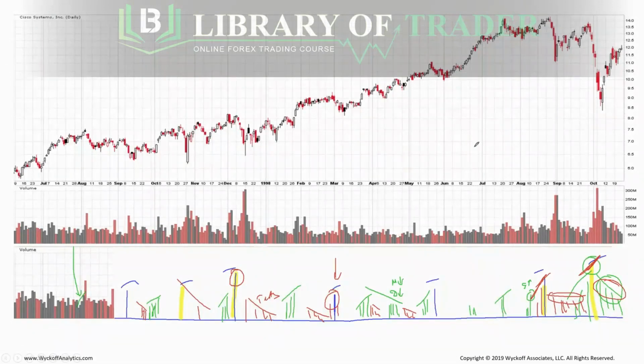So the key moment when you post-analyze an exercise like this is to understand what is the main purpose of this exercise. The main purpose is to understand better the relationship between the price and the volume. We want to understand that the price structure is the reflection of the efforts of multiple market participants, and the price structure is the result of the winning effort.